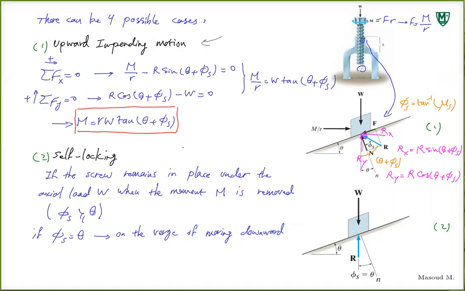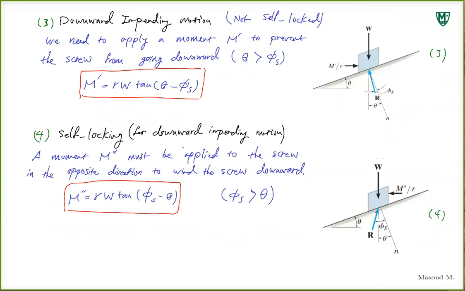The screw is about to move in the opposite direction of the load applied to the screw. If you look at the downward impending motion, the direction of the load and the direction of the motion are the same. The load is downward, and also we are about to move downward. So that's going to be the key to determine which set of equations you have to use.